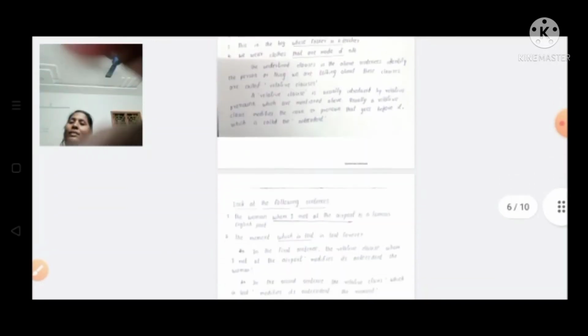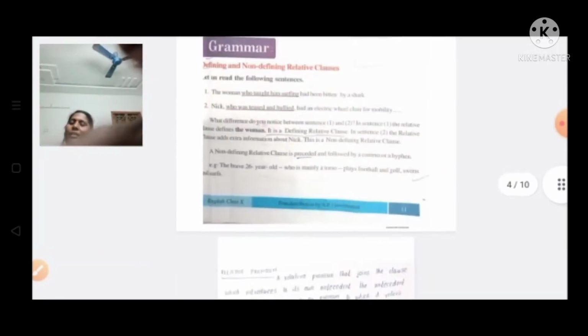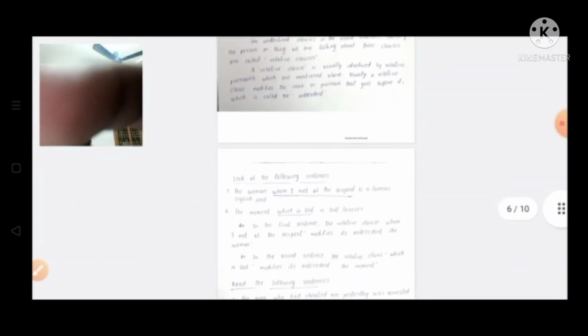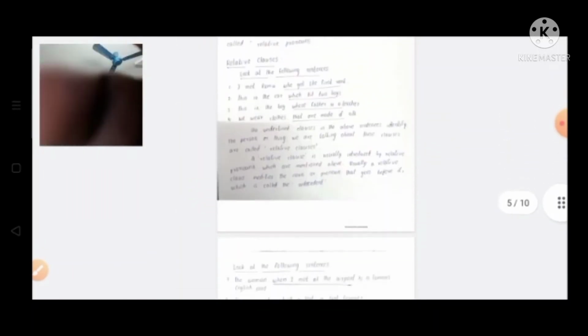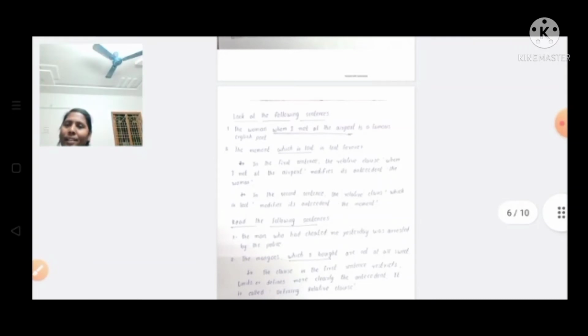Next, look at the following sentences. The woman whom I met at the airport is a famous English poet. The second one is, the moment which is lost forever.